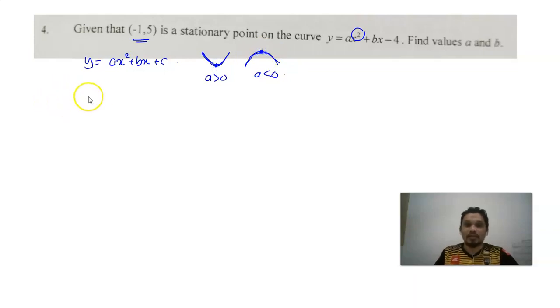Now, given to us y equals ax squared plus bx minus 4, and one of the stationary points here is (-1, 5).